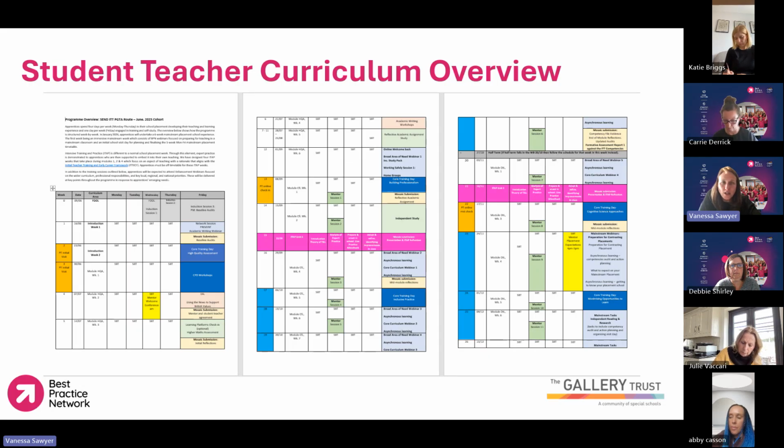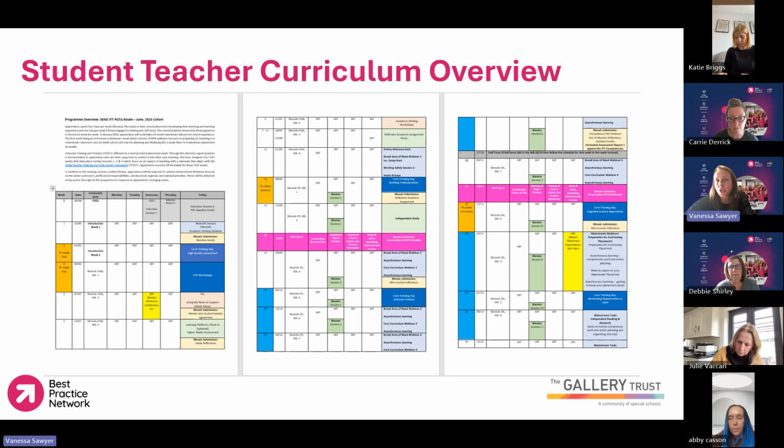So all those different colours that you can see, obviously that equates to different things that are happening. We'll pull out some of those as we move forward with the training, but I just would like to highlight, and if you do want to make a note, that is definitely the key document that you will use throughout the year on a week-by-week basis so that you can keep track of what is happening.